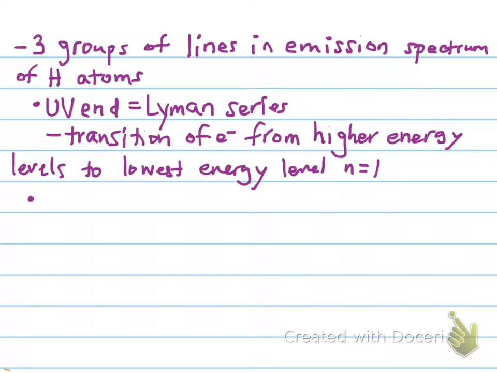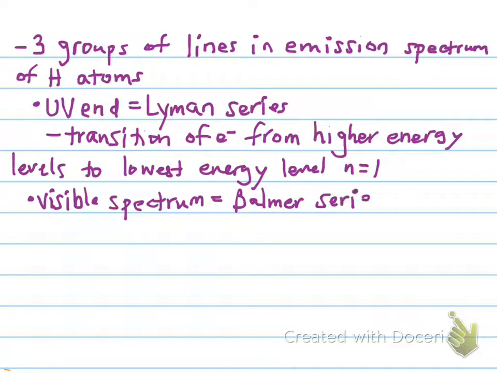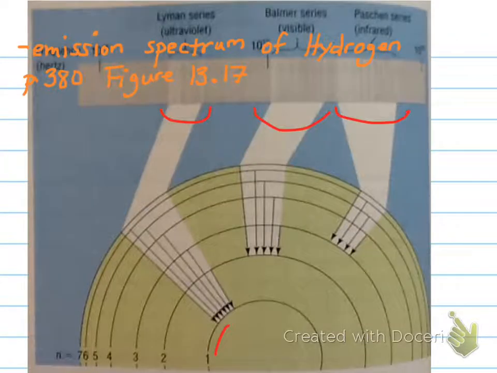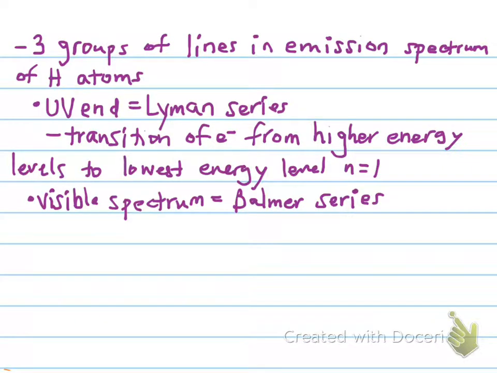We can't see the Lyman series in the atomic emission spectrum. The part we see is the visible spectrum, which is called the Balmer series. Again, that's these here, and notice this time we're transitioning not to the first but to the second main energy level.